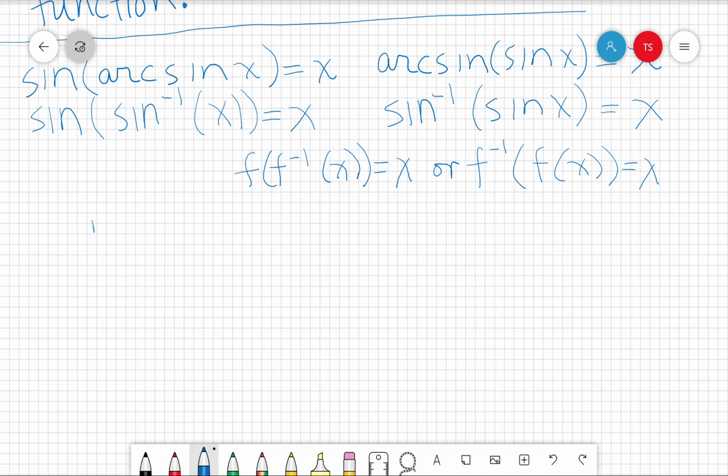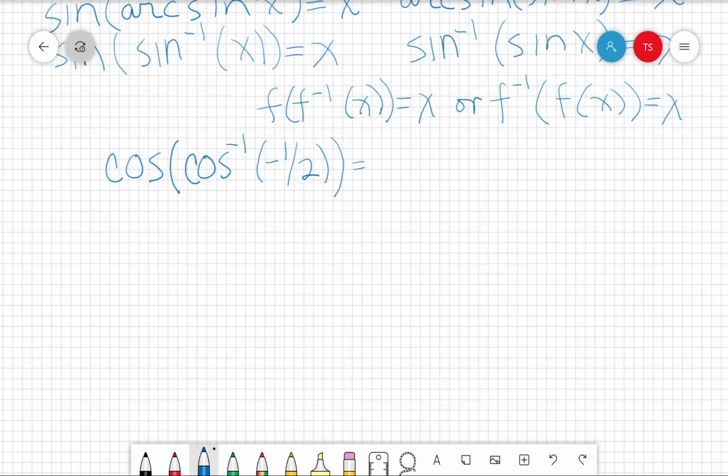we want to evaluate the cosine of the inverse cosine of negative 1/2. And so we can always evaluate these from the inside out.